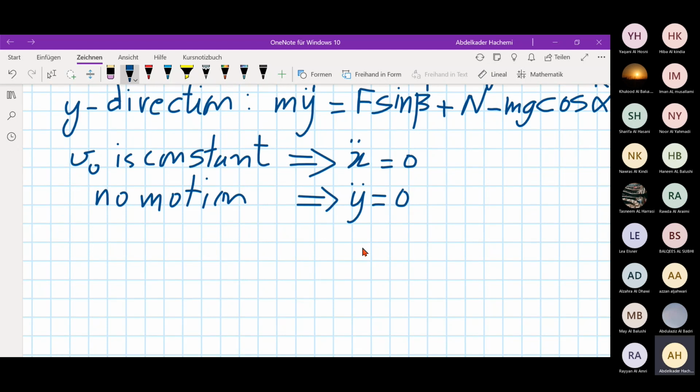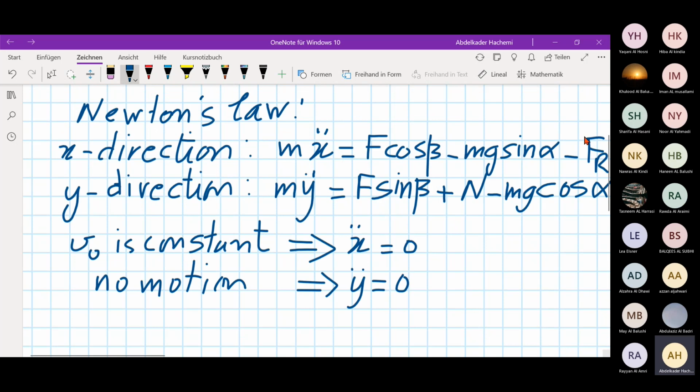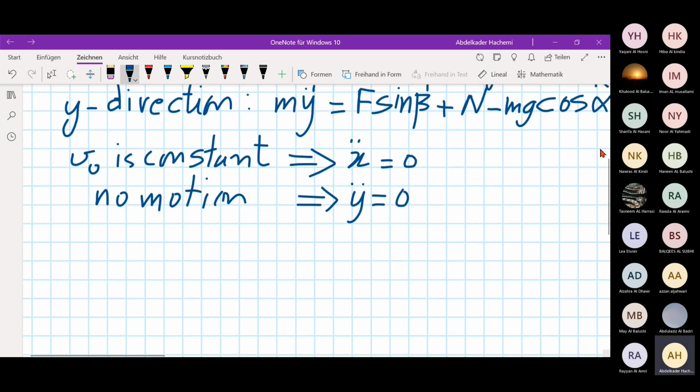And we know that here for FR, it's always defined by mu multiplied by n. Okay, it's always the case. That is, let's say, the ratio between the normal force and the frictional force.